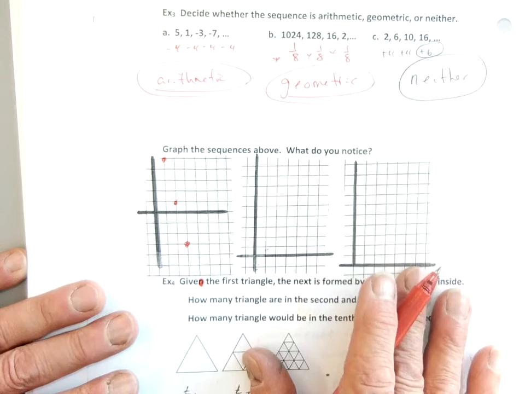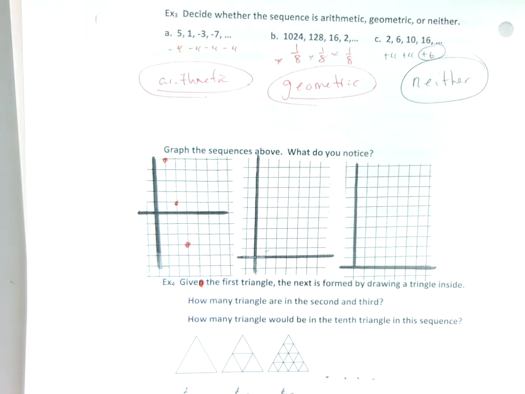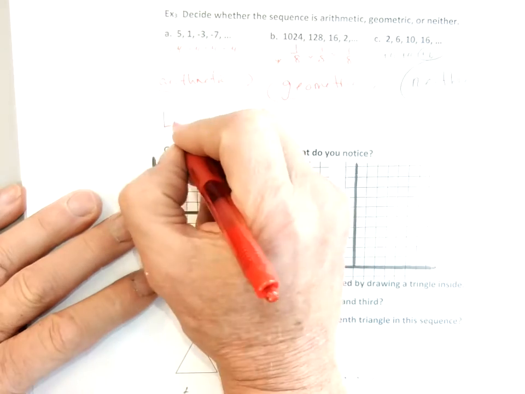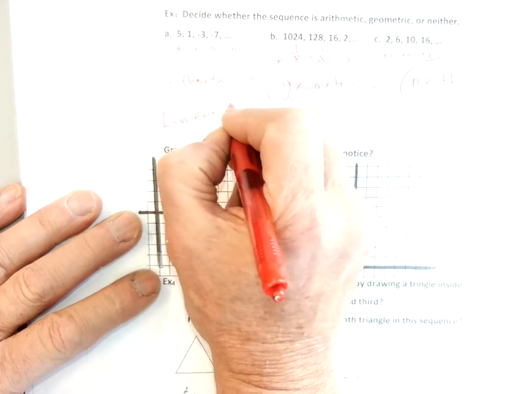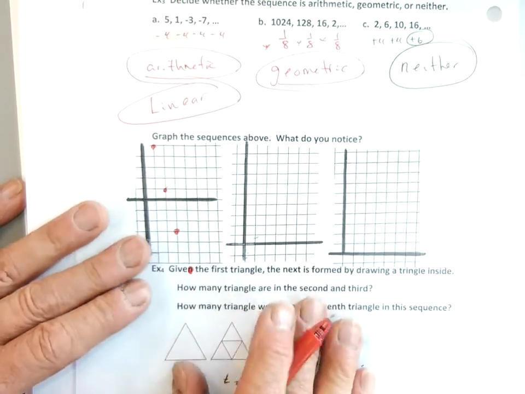What kind of graph is that? Ooh, it's linear because it's straight. You guys agree? Awesome, it's linear. It's also arithmetic. We knew that. So linear and arithmetic go together, right?